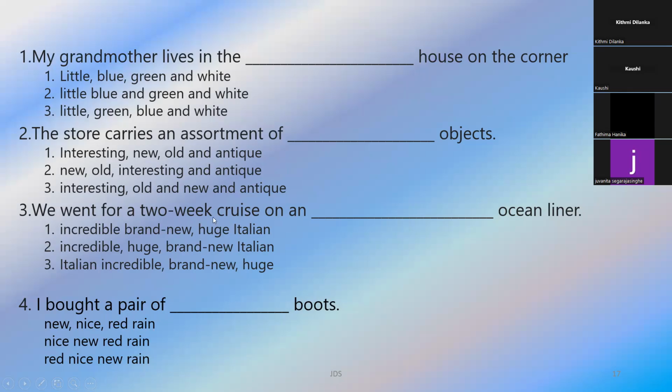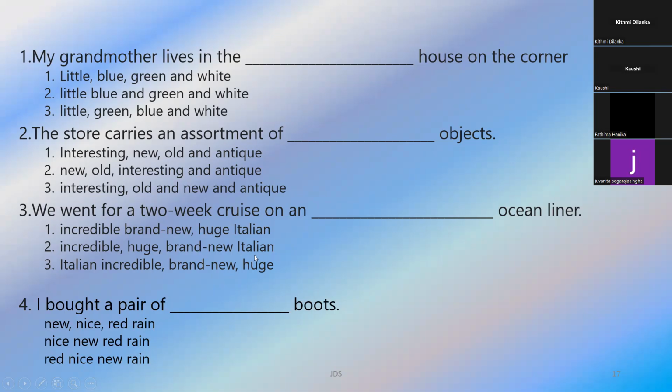We went for a two-week cruise on an blank ocean liner. What kind of an ocean liner? Incredible, brand new, huge ocean liner. Incredible, huge, brand new Italian ocean liner.